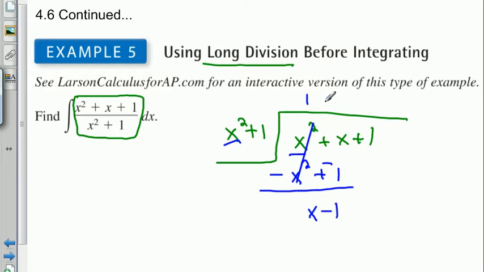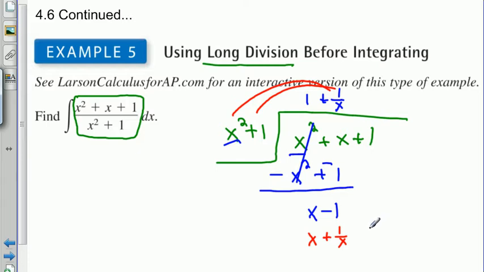But it looks like what we're going to have here is a situation with a 1 over x. Because that 1 over x times the x squared, well, if we distribute this to these, we'd have x plus 1 over x, right?